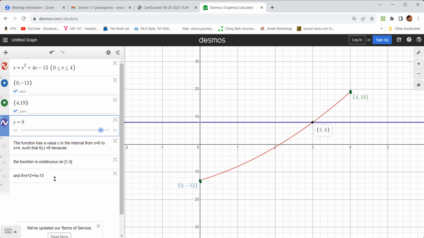So now here's the thing. You asked me before, and it was a good question: why does this x change to c? It's really a convention, because this function is in x. And if I'm talking about x limits from 0 to 4, then there's another point on the x-axis.